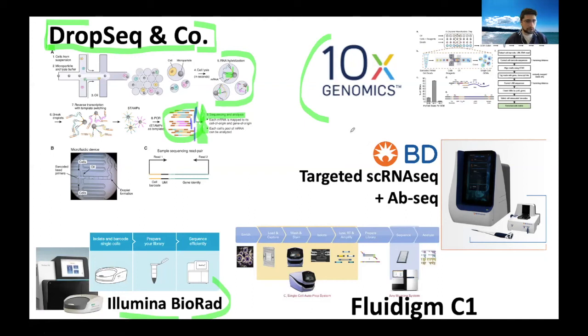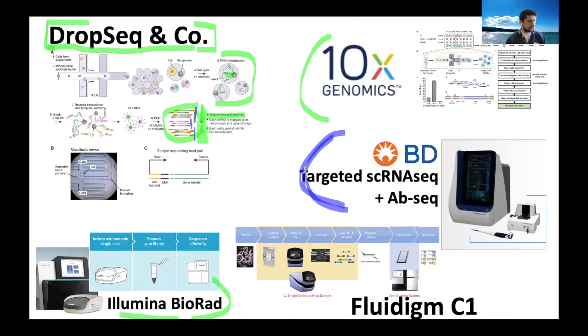Another approach by BD is, instead of using this oil emulsion type of approach, it's using microwells. The idea of BD is flowing a suspension of single cells onto microwells, and only one cell per microwell will be captured.